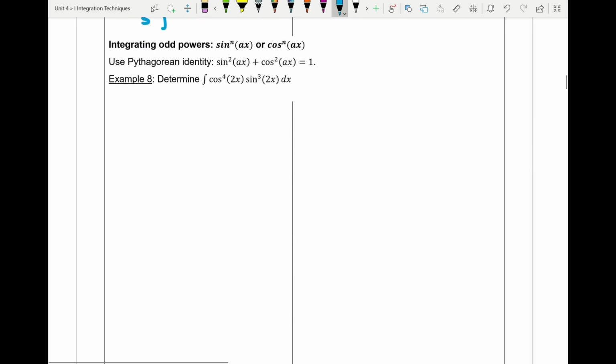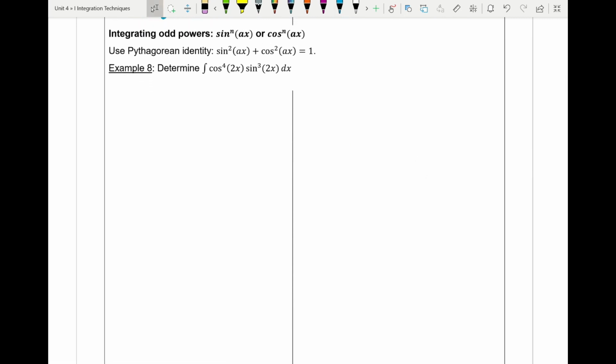Okay, if we have odd powers, so this is a product of an odd power of sine and an even power of cosine, we're going to apply the Pythagorean identity. So sine cubed 2x is equal to sine of 2x times sine squared of 2x.